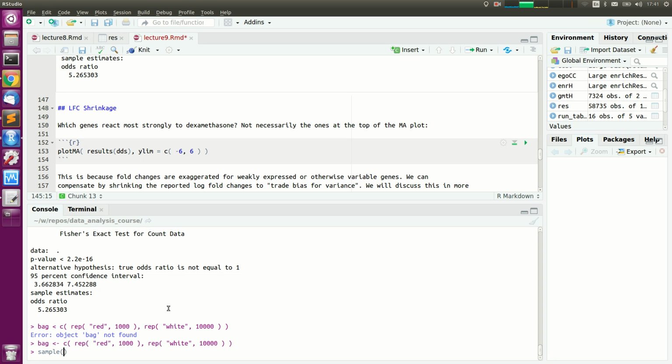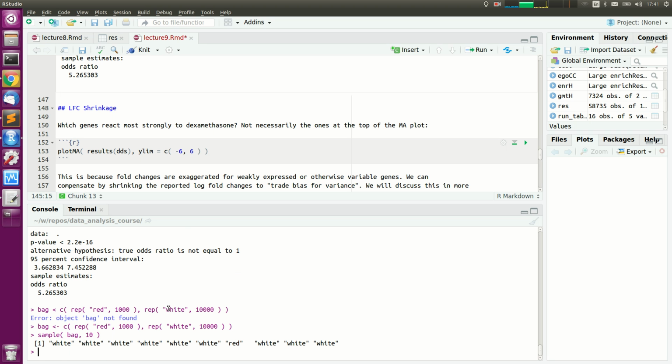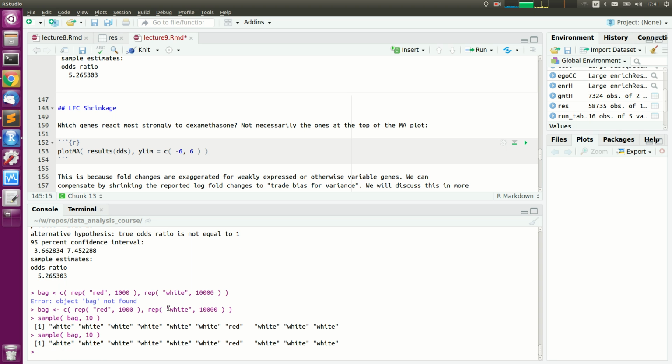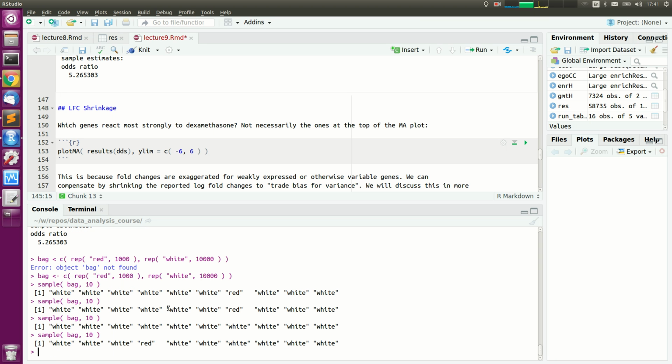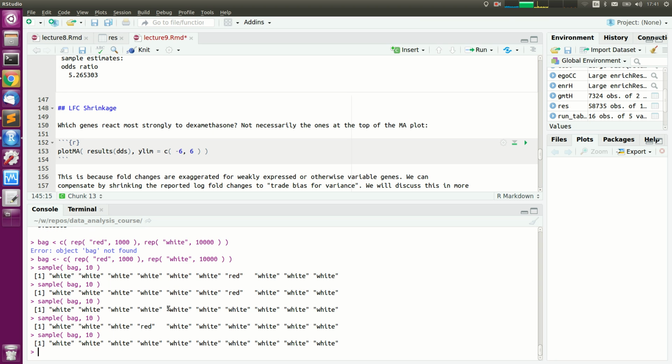You might remember the sample command, which just takes a sample out of the bag. Now one of you takes 10 balls. And here you see what the first one does. He gets 1 of the 10 balls red. The next one also has 1, which is of course what we expect. Here we have 0. Here we have 1 and so on.